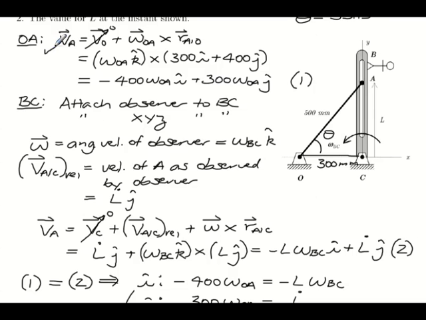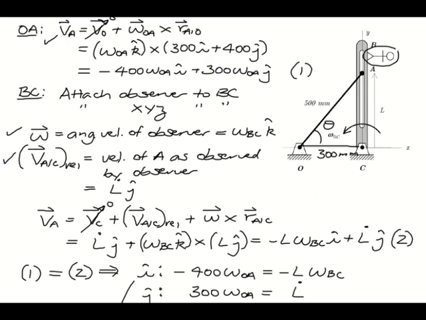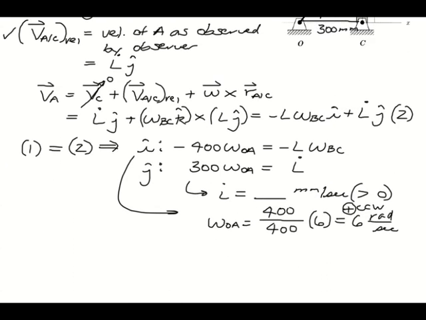So we use an observer, this person here, who is riding along with BC, that dictated omega, that's omega BC K. It dictated what we see here for the velocity of A by our observer. The observer just sees A moving along J. We put those into our moving reference frame velocity equation. We equate the two expressions for VA. We balance out our coefficients of I and J, which gave us our two equations, one for L dot, and the first one gives us omega OA.